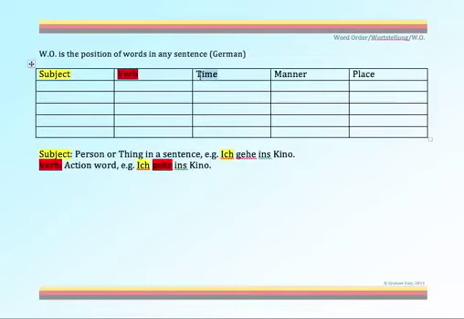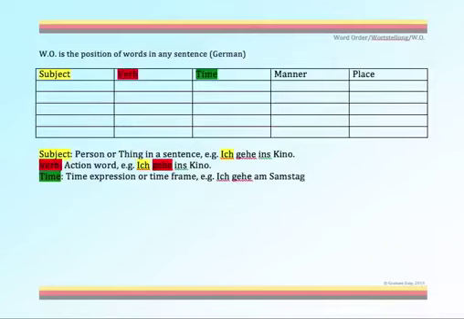The next part of the German sentence is the time. I will put that in green, and also put this down here. Now, what is the time? It is a time expression or time frame. So for example, ich gehe am Samstag ins Kino.